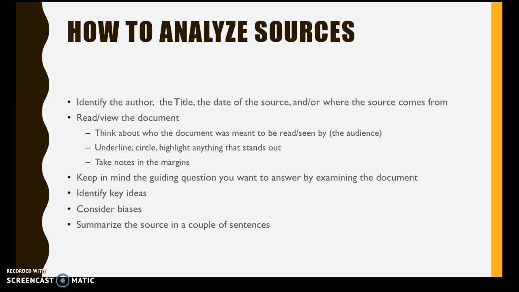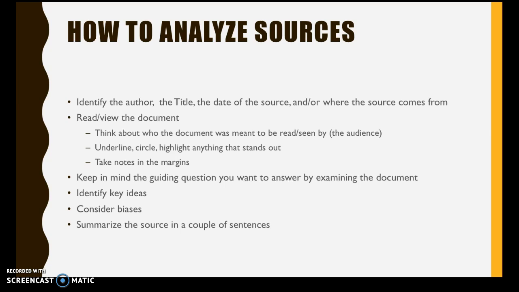And then also if we're looking at a picture or a political cartoon, we're going to want to see if there's a caption. And again, there may not always be all of these incorporated with a source. It just depends on the source. That's why we have the "and/or" at the end of the sentence, because it may not always have all of these things.